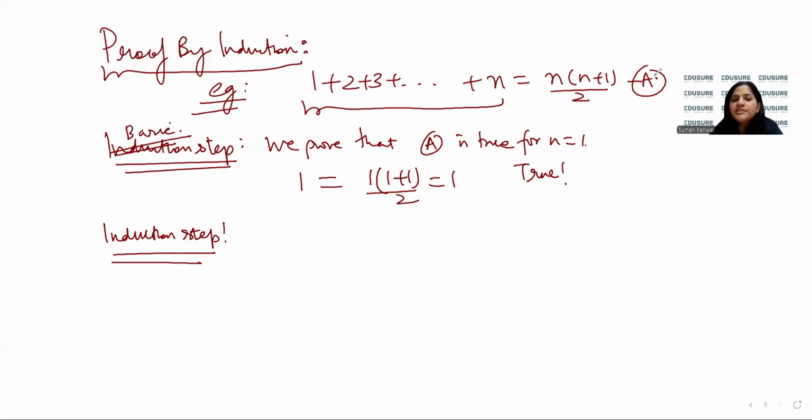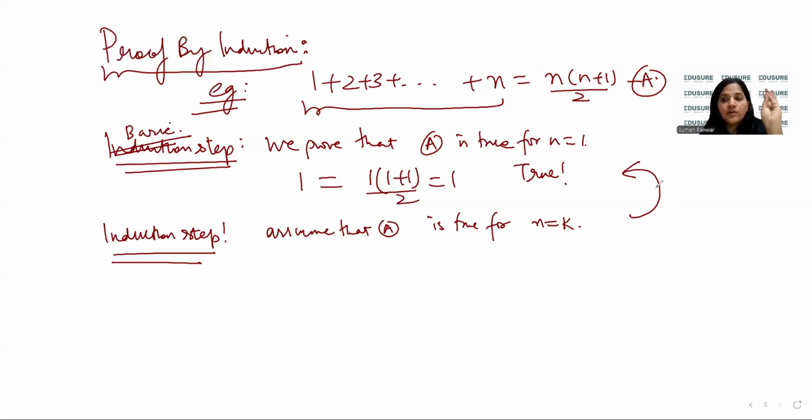So in the induction step, we have to assume that A is true for n equals to k. Now note that to carry with the induction step, we should have the basic step in place. If the basic step is not holding, this proof by induction will not work.